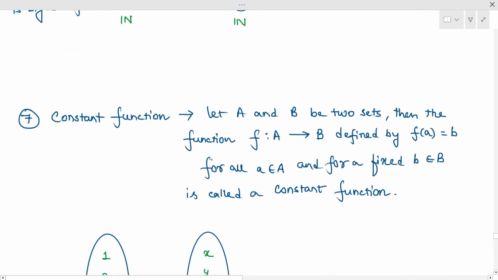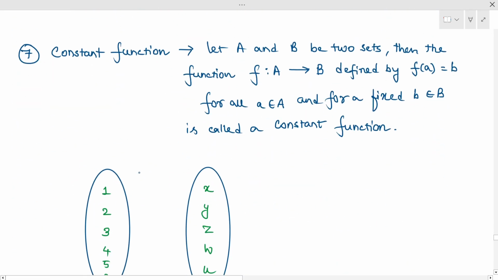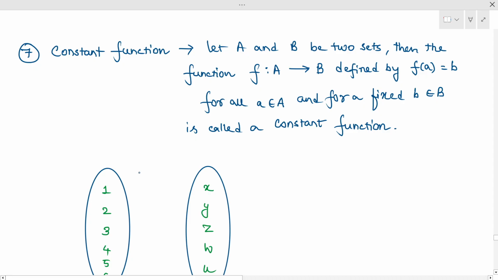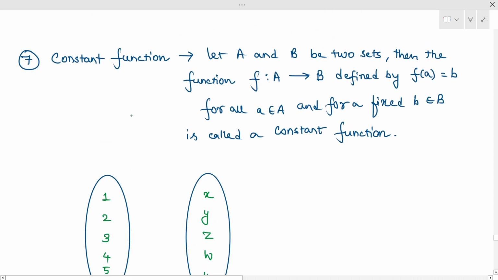Okay. Next type of function is a constant function. Let A and B be two sets, then the function f from A to B is defined by f(a) = b for all a in set A but for a fixed b in B. Now what does this mean?